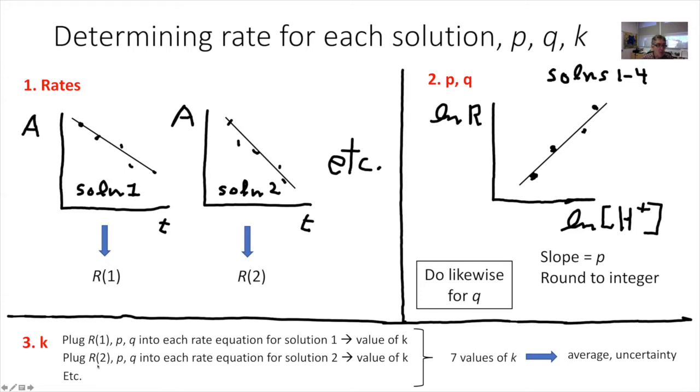Proceed along for all 7 solutions. You'll have 7 values of K. The average is your best value, and from the scatter, you'll get the uncertainty. So that concludes the description of the theory behind the experiment and how you will calculate the unknowns, the K and the P and the Q, from your experimental data.